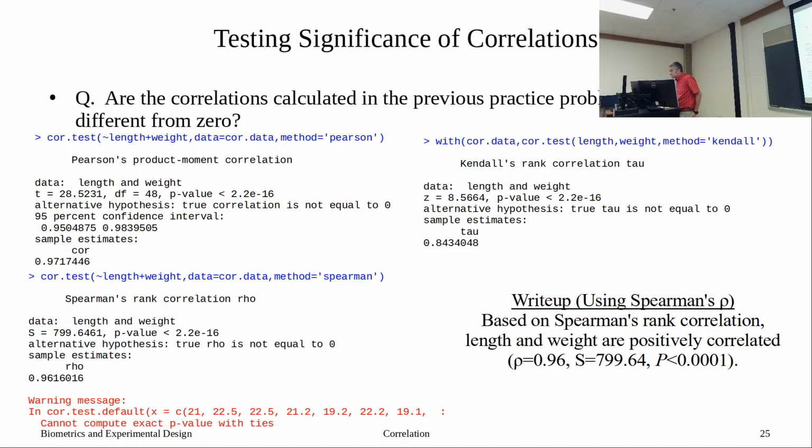So on Kendall's method, why did you have to do that with? So that way I didn't have to do core.data $ length and core.data $ width, or with weight. Let me find our data set. There it is.